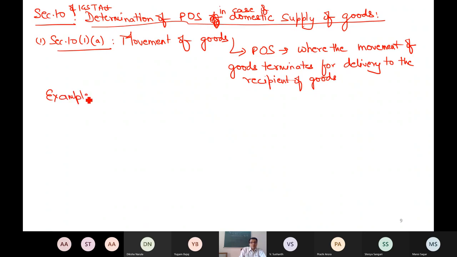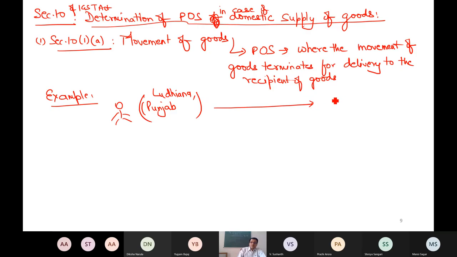Example: supplier in Ludhiana, Punjab. Person Mr. K, Mr. X in Assam. Now Ludhiana is a great market of woolen items, so you can buy the wholesale product from Ludhiana.